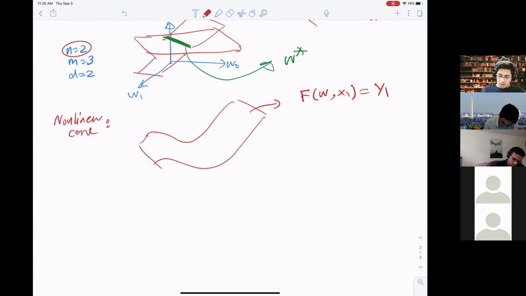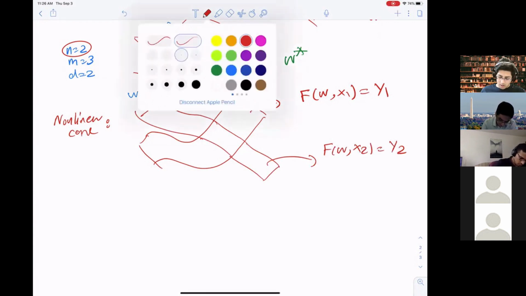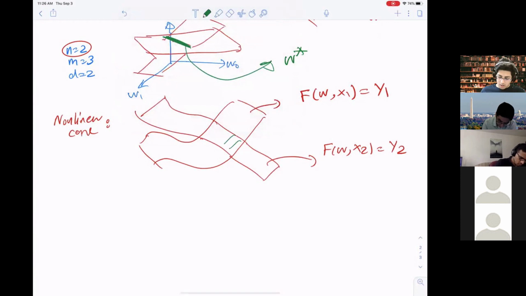And let's say I have another manifold satisfying my second equation, f_W(x2) equal to y2, so this is interpolating my second training sample. If I look at the intersection of the two, then this is again going to be my W stars.